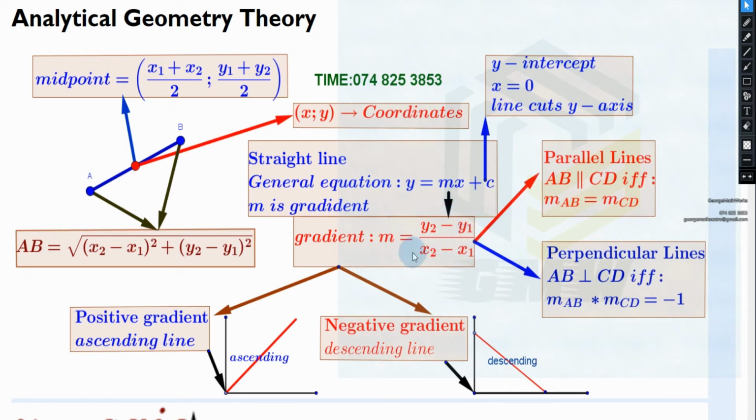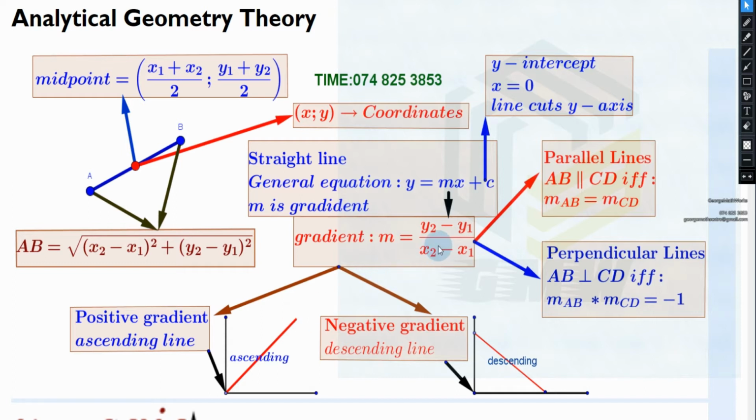At the same time, this which we refer to as gradient tells us more stories. Number one, if the gradient is positive, it means your line will be ascending. If you see a positive gradient, it means your line will be going up. At this point, I'm trying to give you a hint. Something you will use whenever you are asked questions in the exam as a reference to check whether your answer is meaningful.